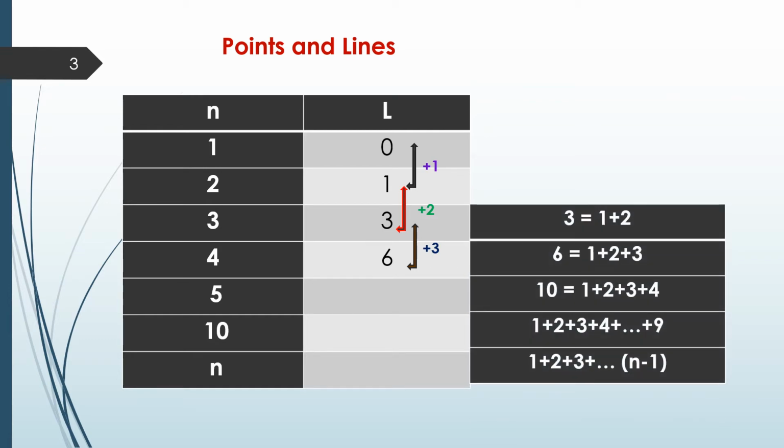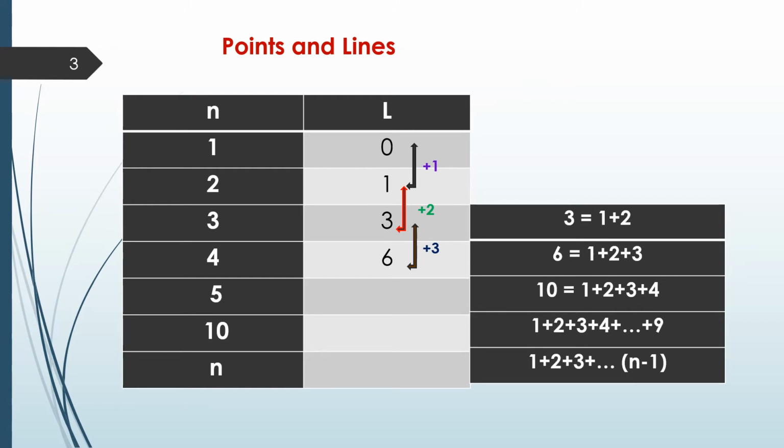Now students can see the pattern again. How to find, when N is equal to 10, what will be the number of connecting lines without drawing the figures? 3 can be represented as 1 plus 2. 6 can be represented as 1 plus 2 plus 3.